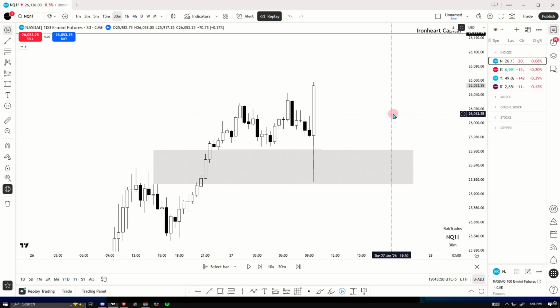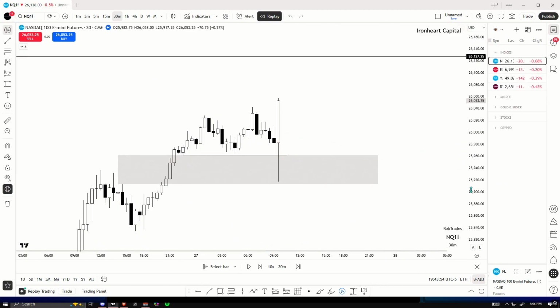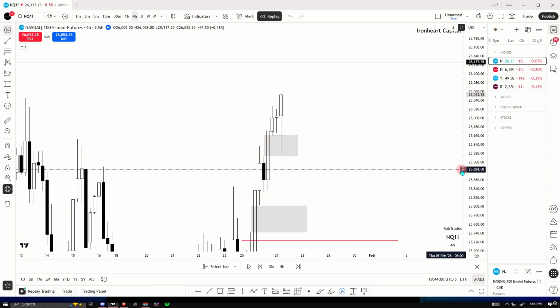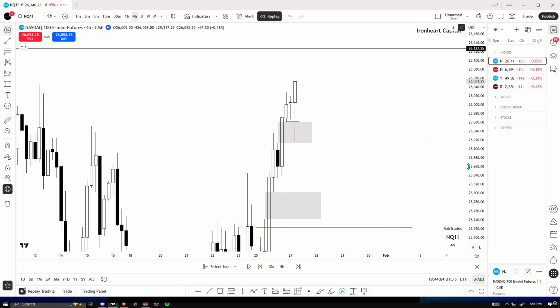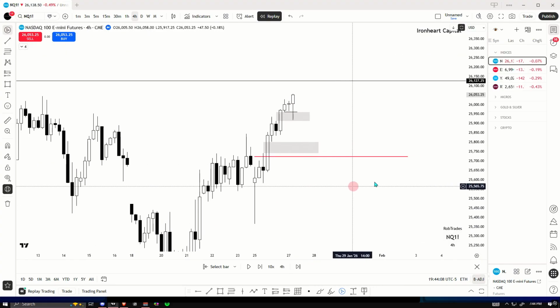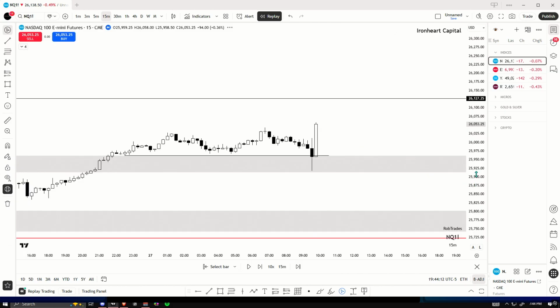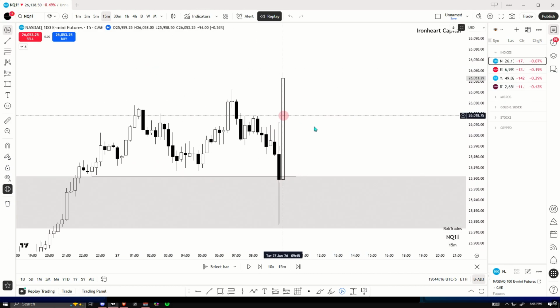In this case, price is not manipulating an extreme of the range. All it's using is a 4-hour fair value gap. This is just trading the continuation. This isn't trading the extreme of the range, right? This is different. It's the same concept. It's just different in this case because you're just using a 4-hour fair value gap as our key level.